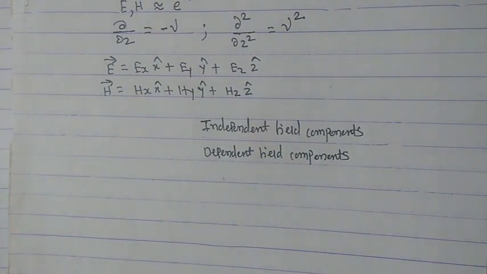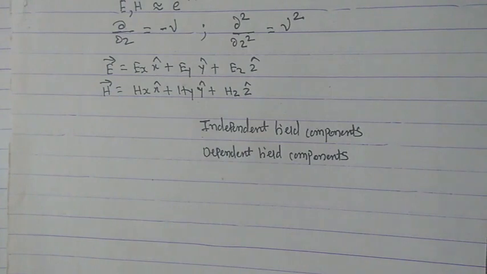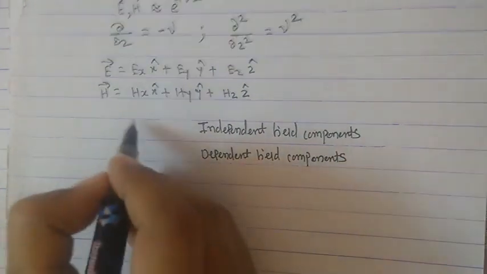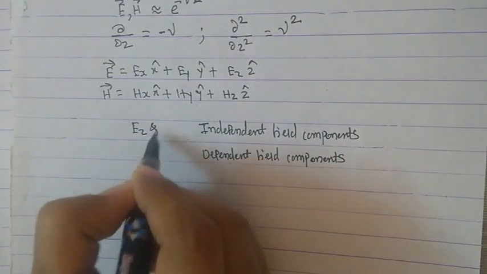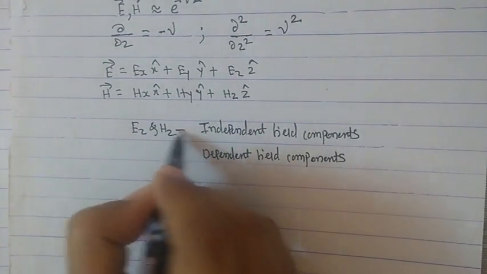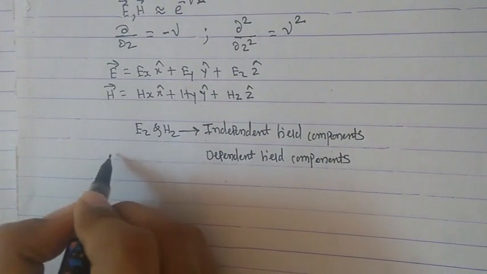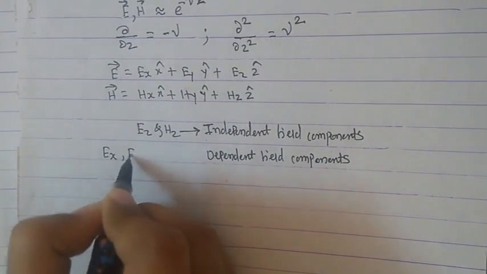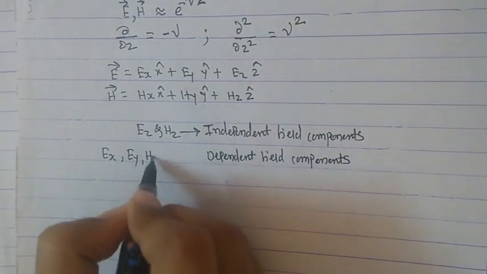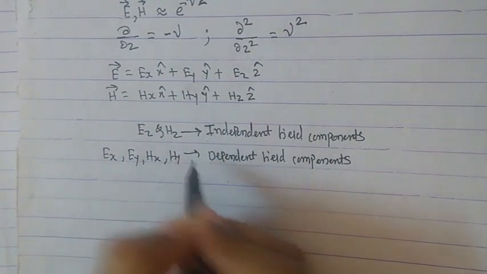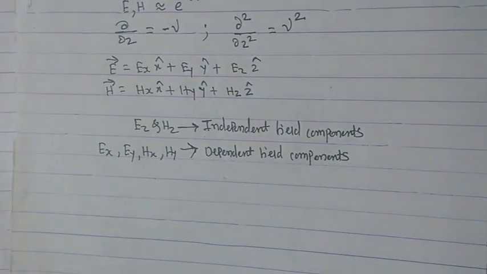Generally, since the wave is traveling in the positive z direction, the components in the direction of wave propagation are considered independent field components. So Ez and Hz are in the direction of wave propagation, so they are independent field components. And the remaining 4 components, Ex, Ey, Hx and Hy, are dependent field components.